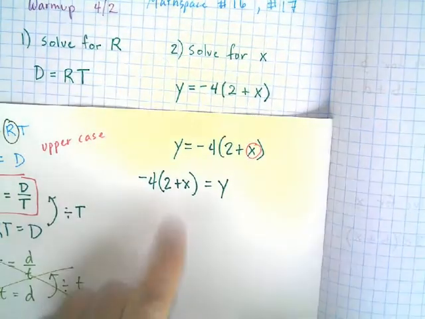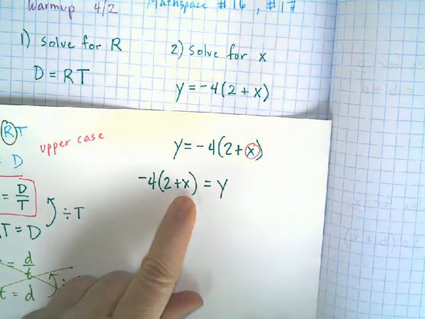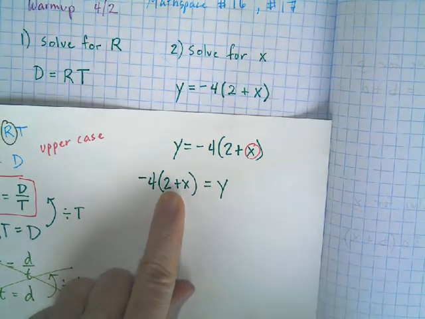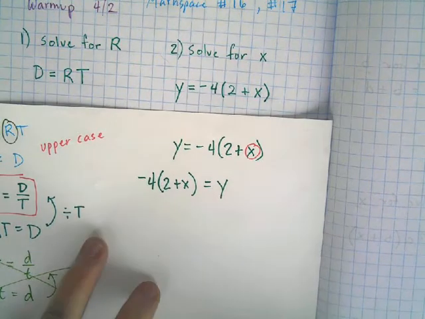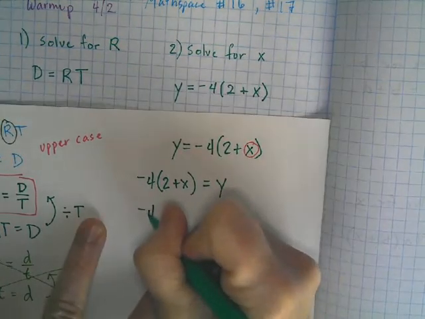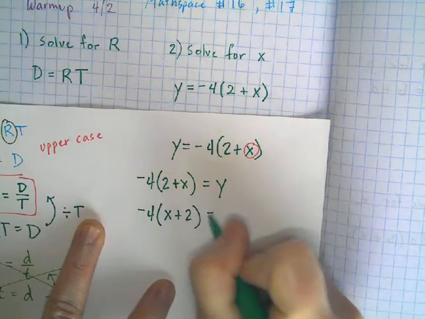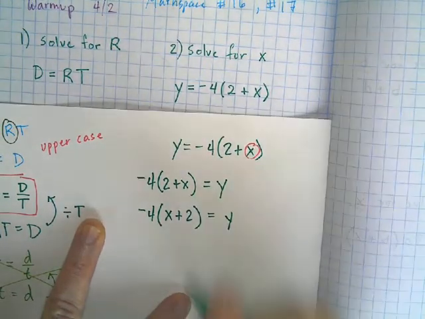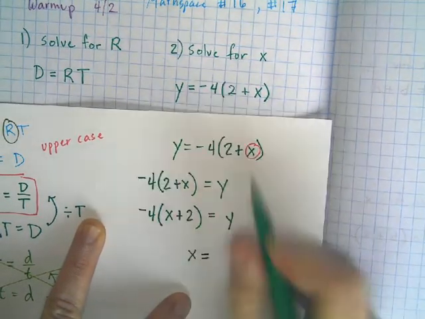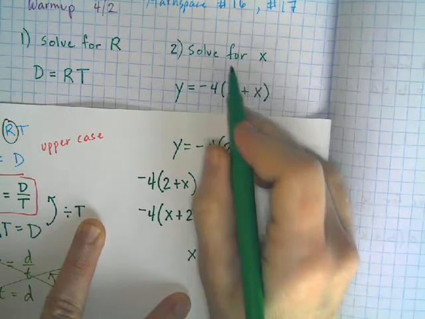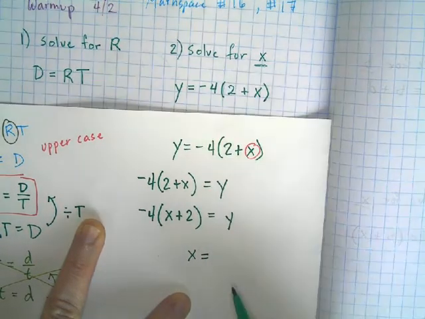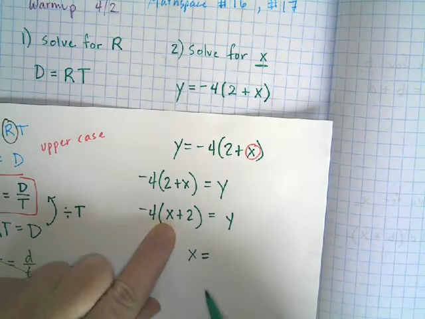And here's my x. This is what I'm solving for. I don't like having it on the right, so I'm going to use the commutative property to switch it again: -4 times (x plus 2). Now it's set up nice and easy. So I have x equals, because I'm solving for x. What's happening to the x? First thing, it's being added by 2.